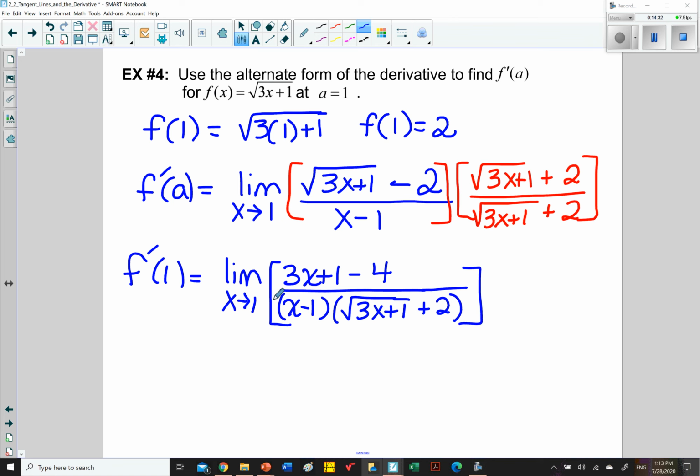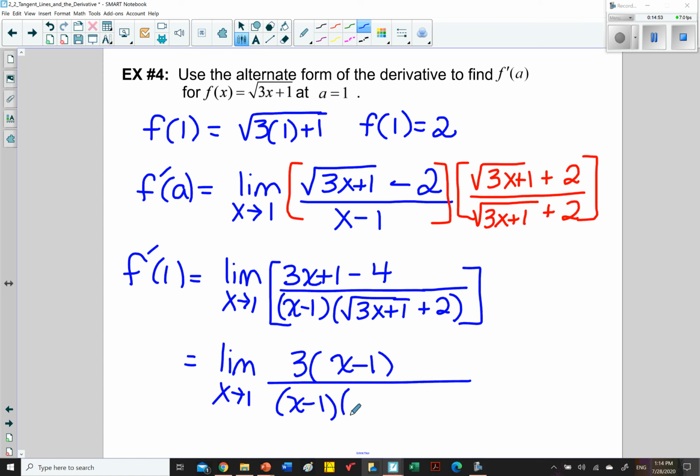And what does that do for us? Here I've got 3x minus 3. So if we have 3x minus 3, we could factor out the 3 and end up with the quantity x minus 1, which conveniently is going to help us eliminate that factor on the bottom.